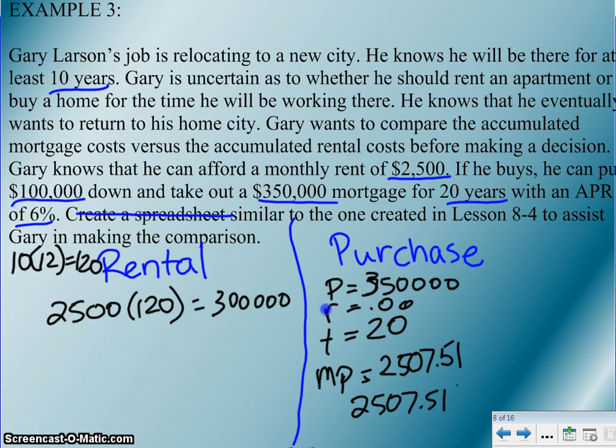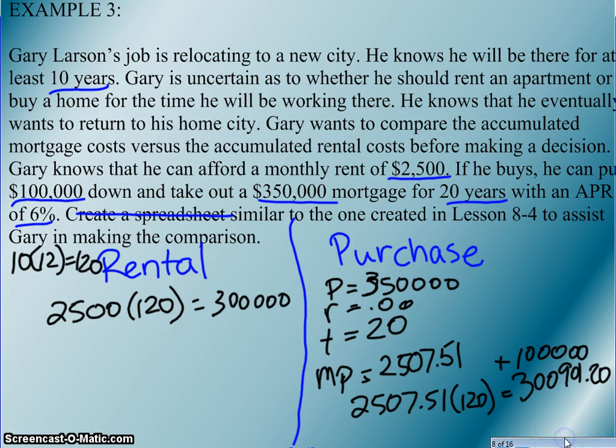So now if we take the $2,507.51 and multiply it by the same 120 payments for the 10 years that he's going to be there, we're looking at a total of about $300,901.20. But we do have to remember that he also put $100,000 down.